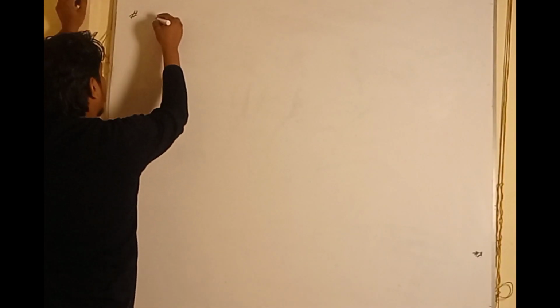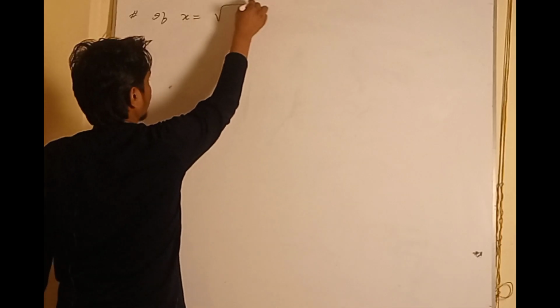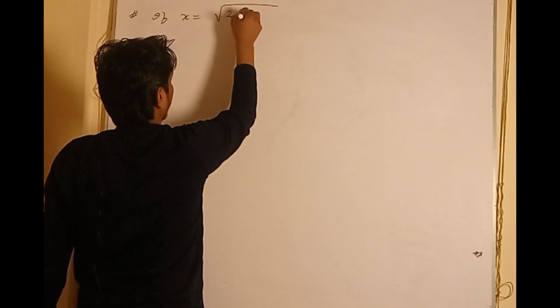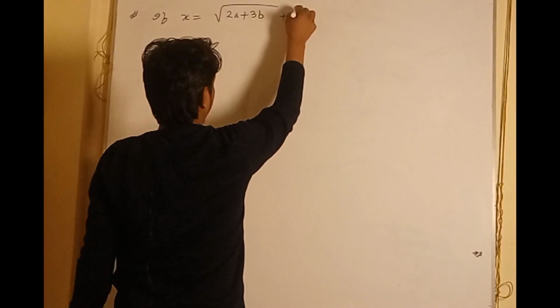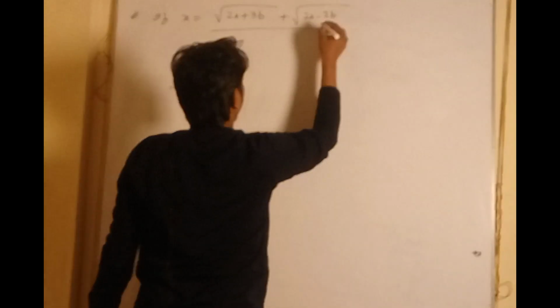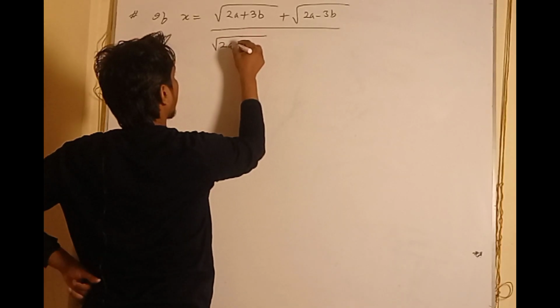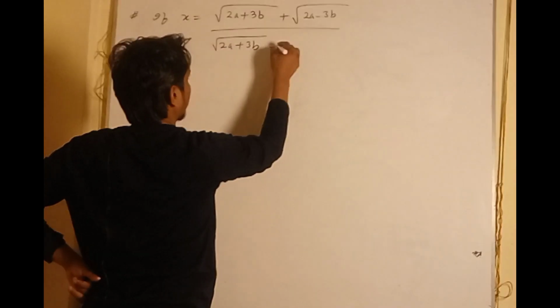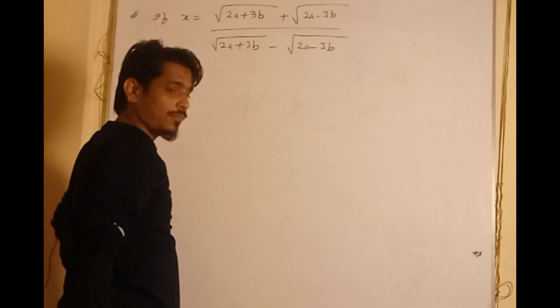Now we have, if x is equal to (root of 2a plus 3b plus root of 2a minus 3b) over (root of 2a plus 3b minus root of 2a minus 3b).